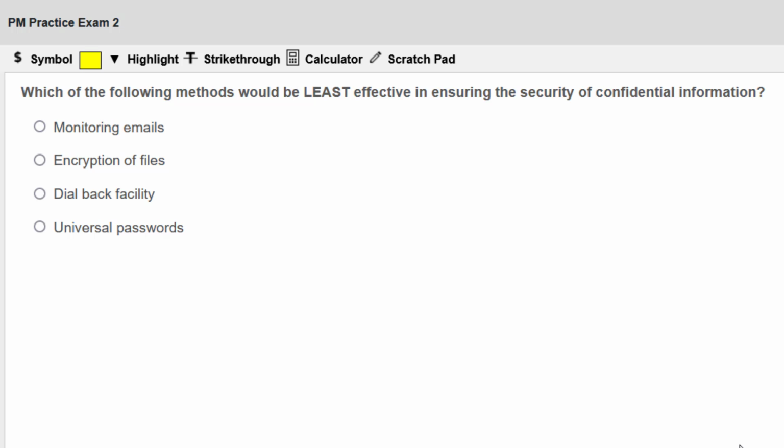They send you an email to your phone as well. Now, universal passwords. That doesn't mean that everybody is required to get a password. In the context here, they mean that everybody has the same password, which is pretty ridiculous in my opinion. So that one will be least effective in securing confidential information.